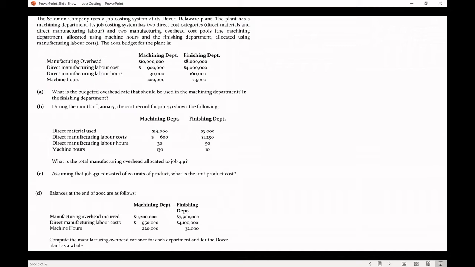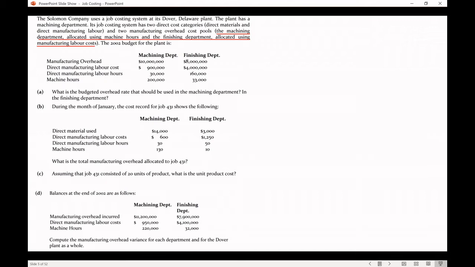But what I want to point out before we look at the questions they're asking us is this statement. It's a very important statement. The two manufacturing overhead cost pools, the machining department that allocates using machine hours, and the finishing department allocated using manufacturing labor costs. Just by this sentence, something should click.